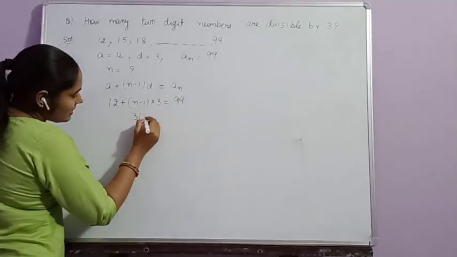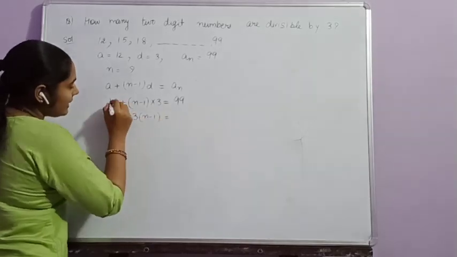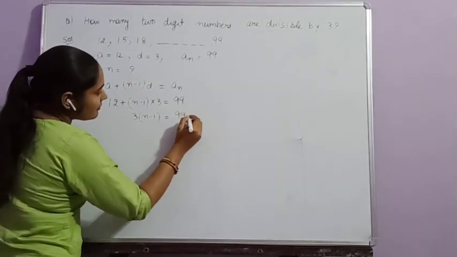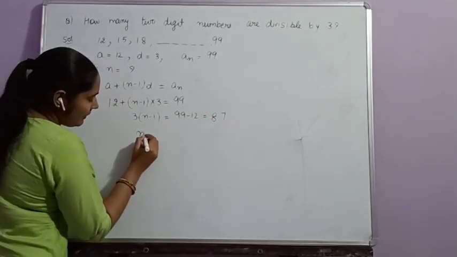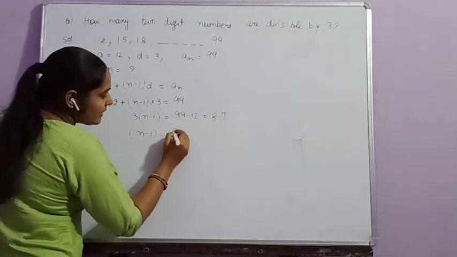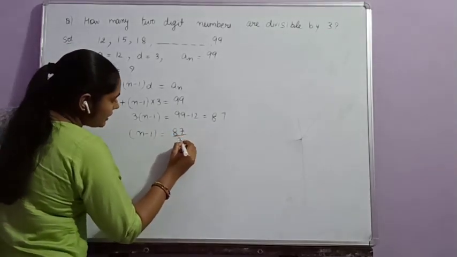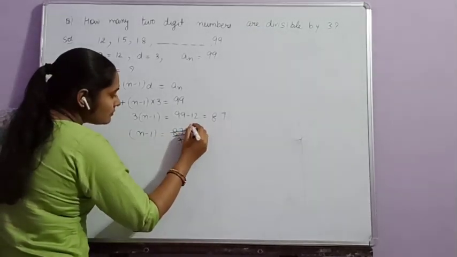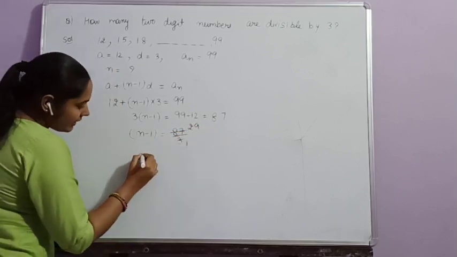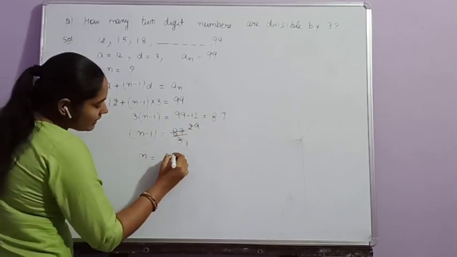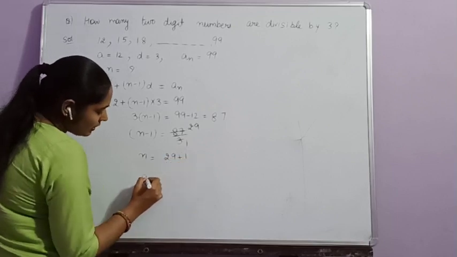So 3 into N minus 1 is equal to 99 minus 12, that is 87. N minus 1 is equal to 87 divided by 3, that is 29. N is equal to 29 plus 1, that is equal to 30.